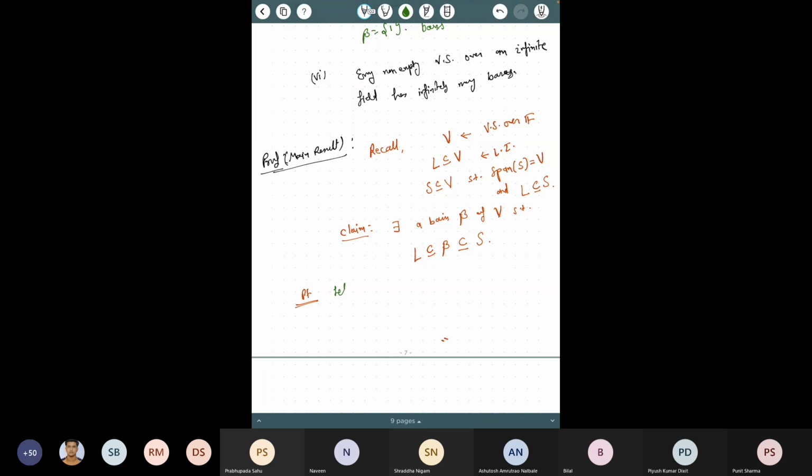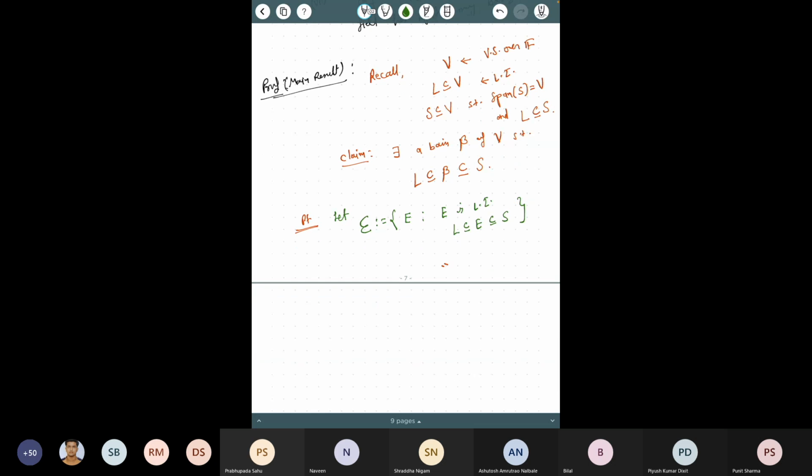Let me define this set, let's say script E. This is the collection of all linearly independent sets E of V such that E contains L and E is contained in S. So E is linearly independent and L is contained in E and E is contained in S. All right.